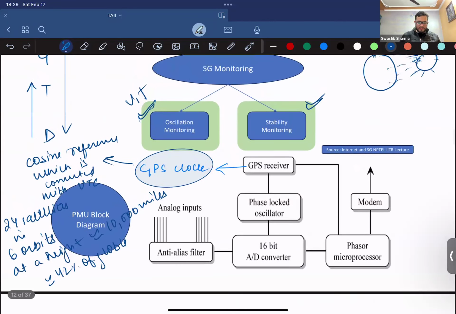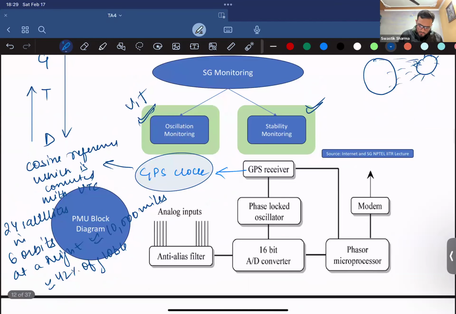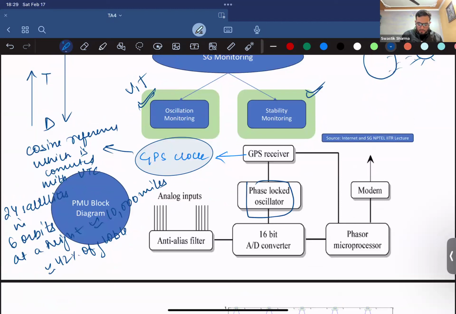So this GPS clock, which is a cosine reference, is used to phase lock with the inputs that it's receiving from the analog input. So what are the inputs? It's the voltage and current from PT and CT, potential transformer and current transformer, which is then fitted with an anti-alias filter.